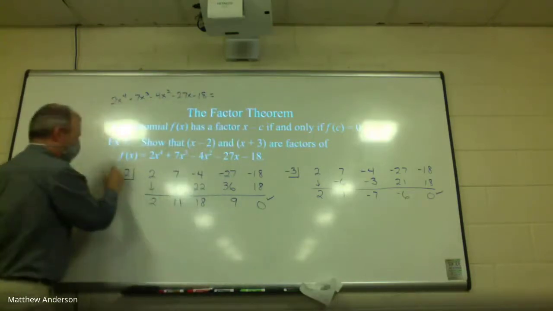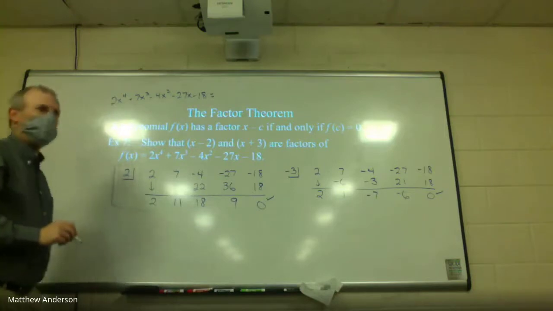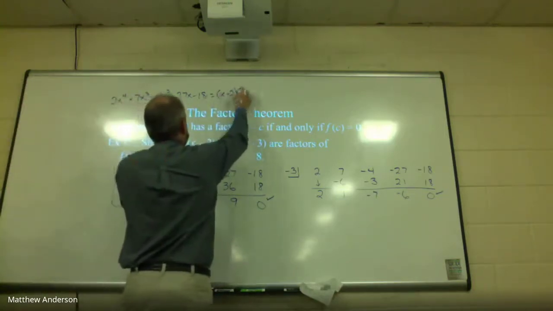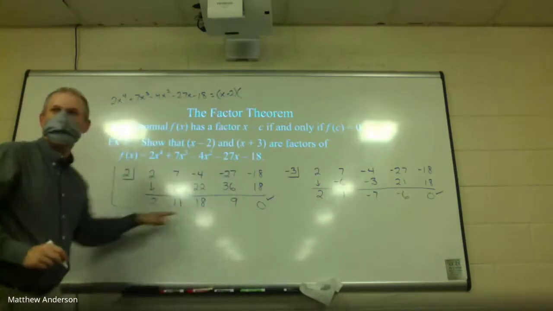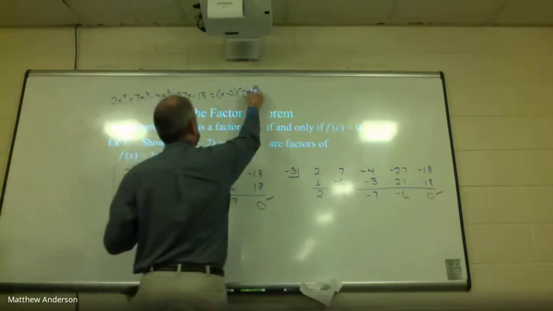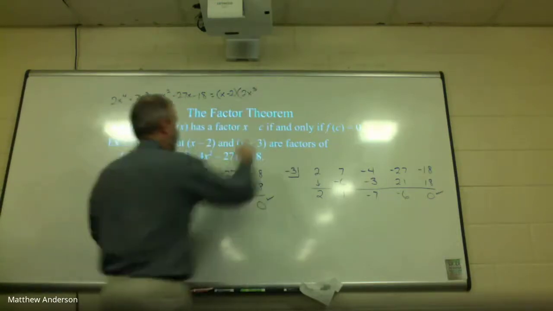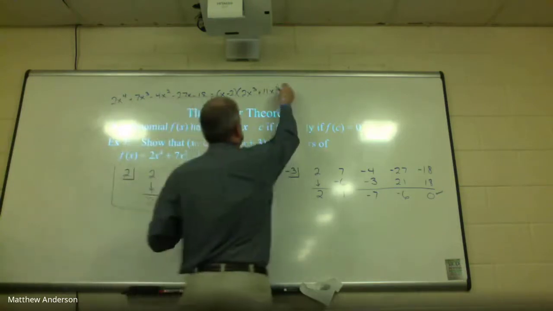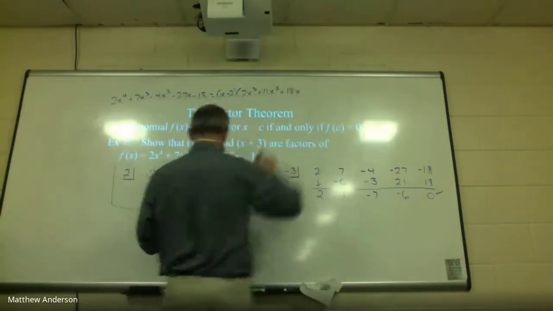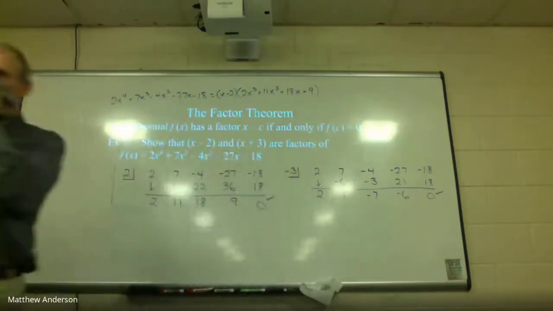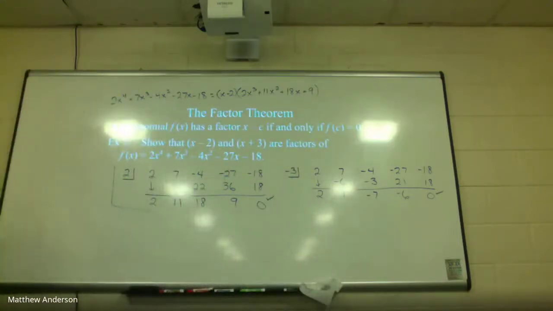After we did this work right here, we know that this is equal to x minus 2 times this stuff, right? And this stuff is, go down by 1, so 2x cubed plus 11x squared plus 18x plus 9. And then the remainder was nothing, right? Do you remember when we did that in the first problem? If it divides evenly, we can say that these two multiply together to be what we started with.